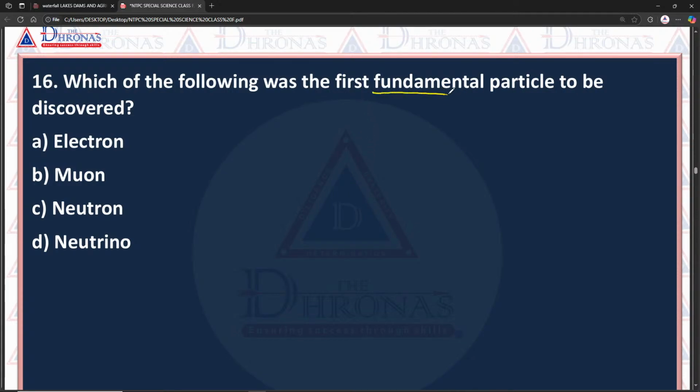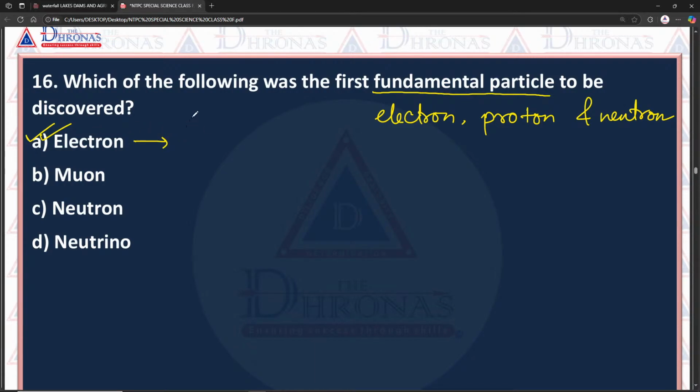Fundamental particles in atoms are electron, proton, and neutron. The first fundamental particle discovered is the electron. Who discovered the electron?